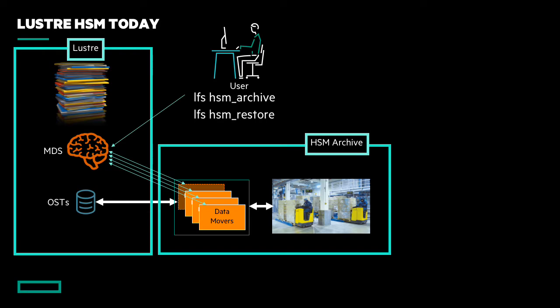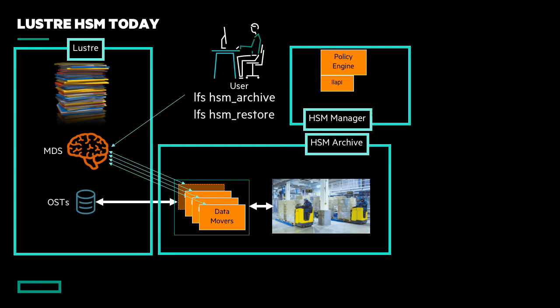So the data movers in the middle of the screen here register with the MDS. The MDS then hands off different work items to the data movers as they come in and as the data movers complete their activity. Data movers, in this case for HSM archiving, move the data from OSTs to some kind of cold storage archive system.